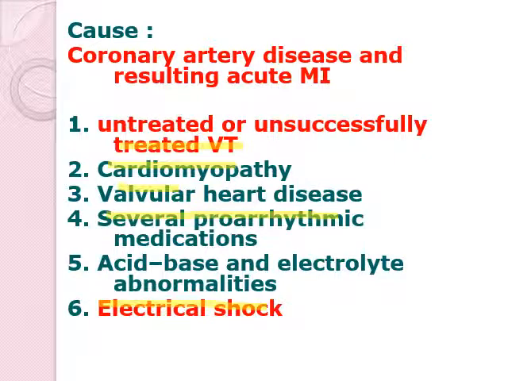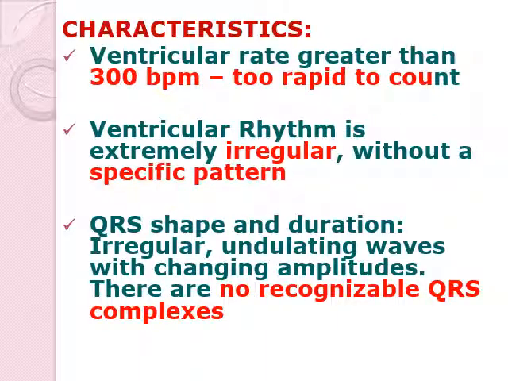Okay, the most common ECG abnormality among your patients who had electrical shock is your ventricular fibrillation. For that reason, your patients who had severe electrical shock would likely have poor prognosis, usually results to death because of ventricular fibrillation.